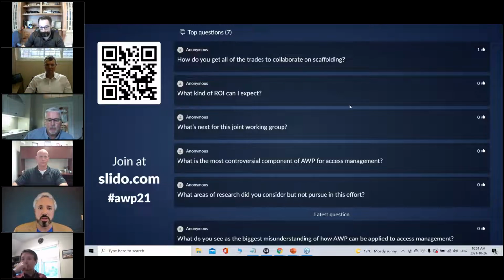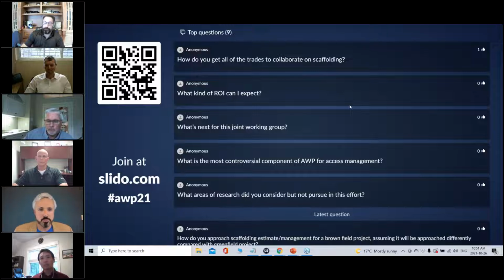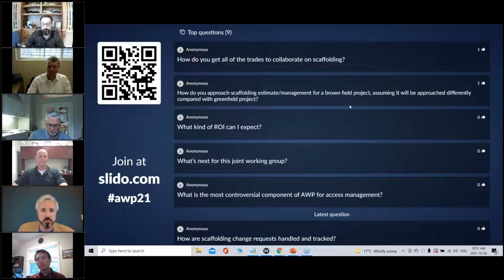Maybe Rick, you could add some thoughts on how to get all the trades to collaborate on scaffolding, and then if other folks want to jump in there as well. Yeah, so my approach has been to really approach the owner and let us be the coordination resource. One of the things we touched on is the common denominator for work in the field is access.